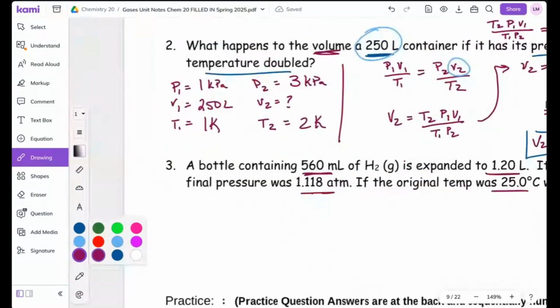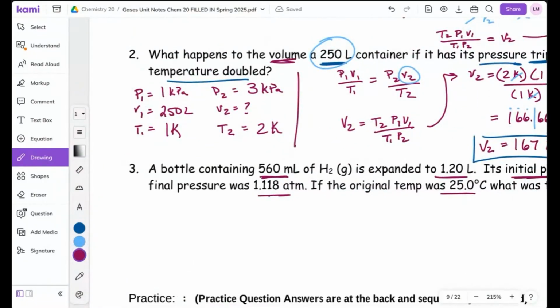Okay, so rereading that first sentence there, after I get down my variables. So it says a bottle containing 560 milliliters is expanded to 1.20 liters.